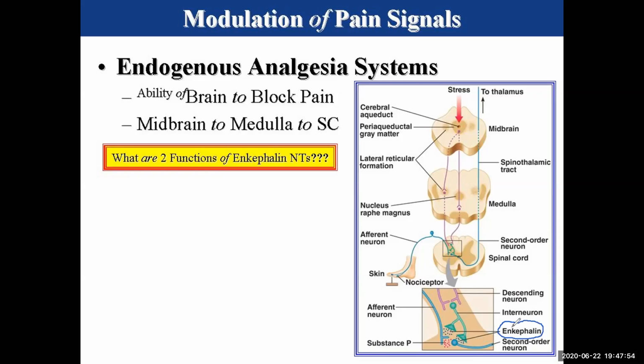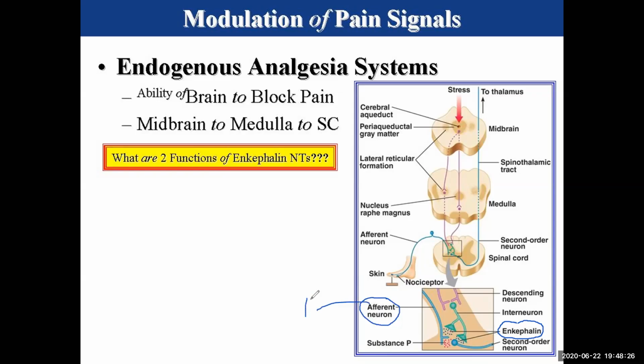The enkephalin is a natural opioid, like morphine, but morphine is man-made. Morphine is synthetic, but enkephalin is a naturally made neurotransmitter. And that enkephalin has a dual function, two functions. First, it reduces the amount of neurotransmitter released by the afferent neuron here. So this is a sensory neuron.